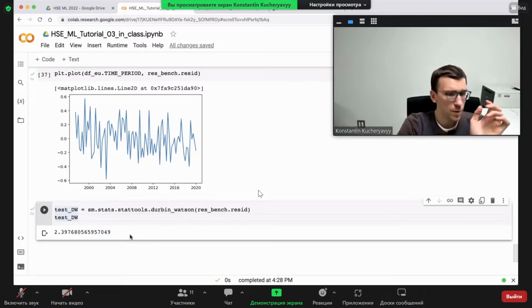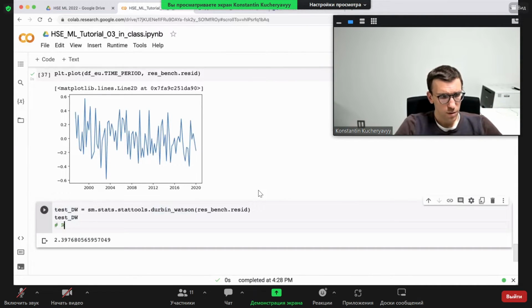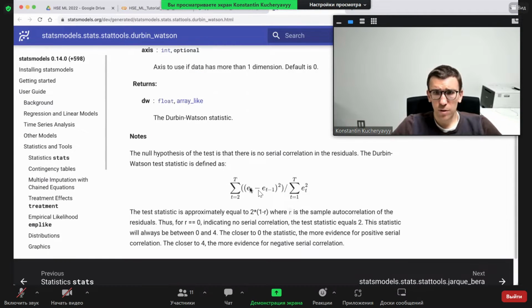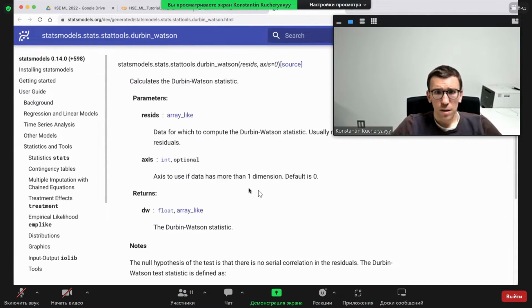Usually the rule of thumb is it should be within some range. Do they write what distribution it has? I guess Durbin-Watson distribution.